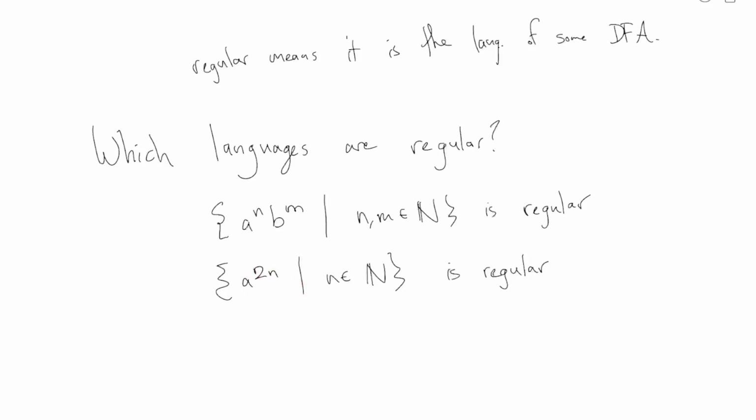This would be all A's where the exponent is even. And that is a DFA that we saw last time. It's this. That's a DFA whose language is this here, a to the 2n. And so that means this is a regular language.